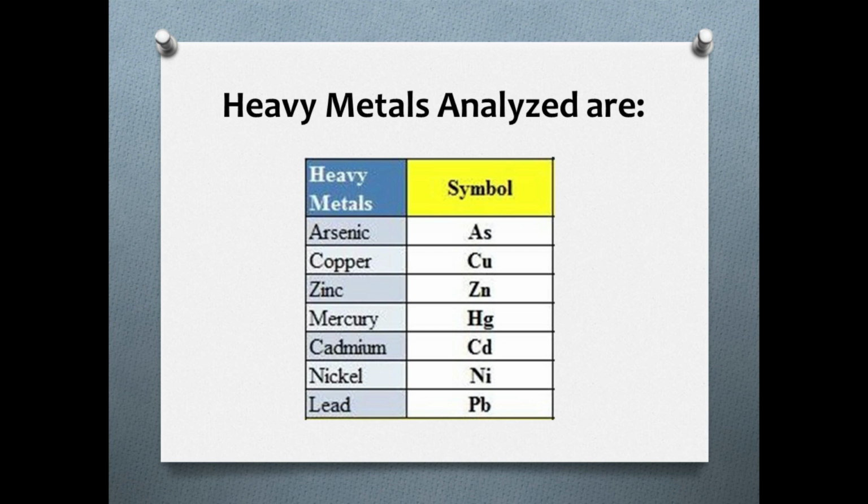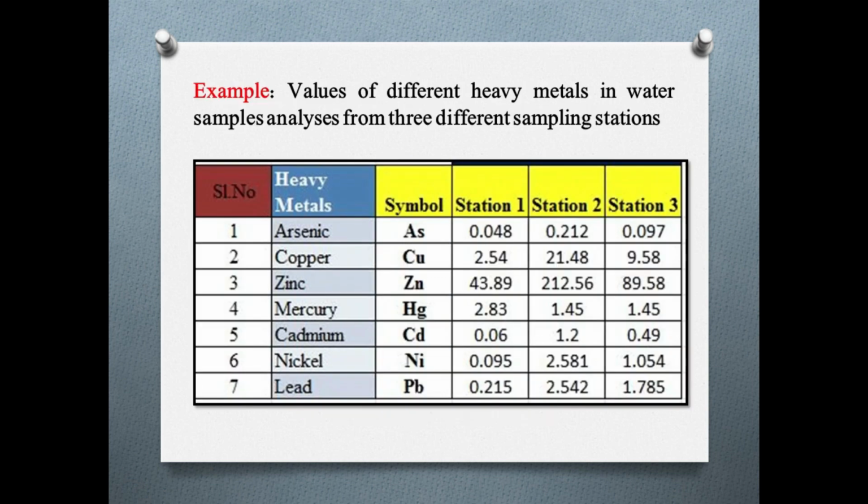After analysis, let's assume that the data obtained from the three sampling stations, or these three springs, for the different heavy metals analyzed are displayed on the screen. So the value for arsenic for station 1, or spring 1, is this, for station 2 is this much, and for station 3 it's this much.